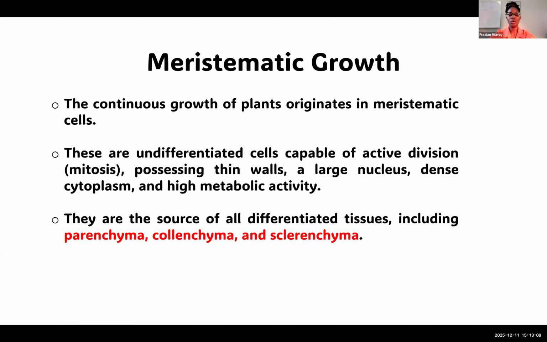Now, we are going to have growth occurring in the plant. And where we have elongation in the plant is where we have growth occurring at the apical region as well as the root tips, right? So that is primary growth. We also have secondary growth occurring, which will allow for expansion in girth, right, of the plant.